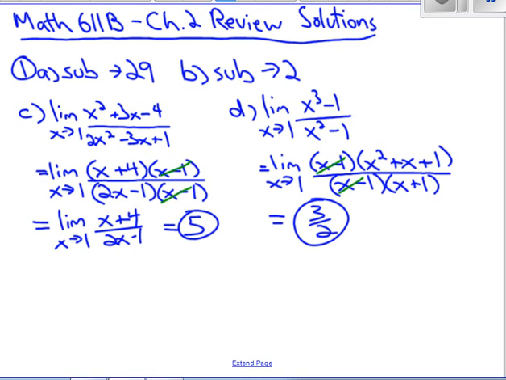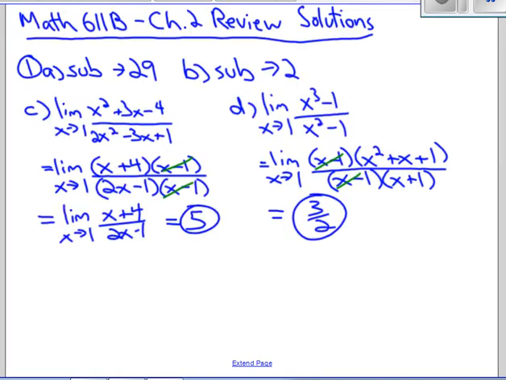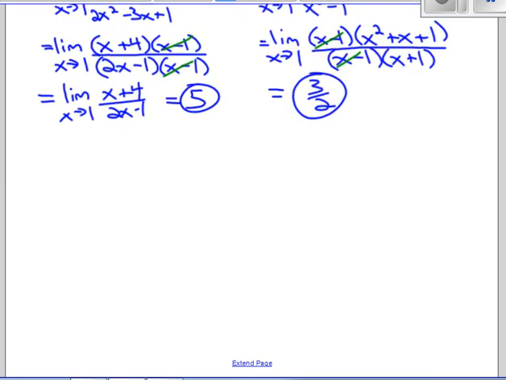E, we've got some radicals. So for E, we would see the limit as x goes to 3 of root x plus 1 minus 2 all over x minus 3. In these cases, we know to multiply by the conjugate.